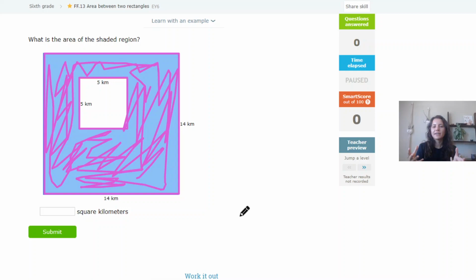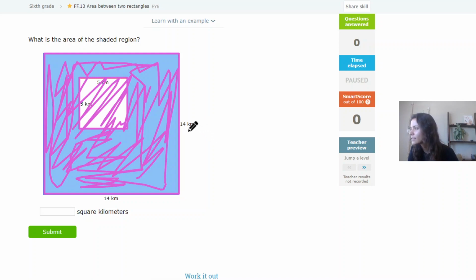So if you can kind of think about what it would be like, let's just say we made a whole pink square. You know, we have a piece of pink construction paper. We cut out a square that's 14 kilometers by 14 kilometers. Just because this is kilometers, that's a silly example. But okay, we have the largest piece of construction paper in the world. We cut out a square that's 14 by 14.